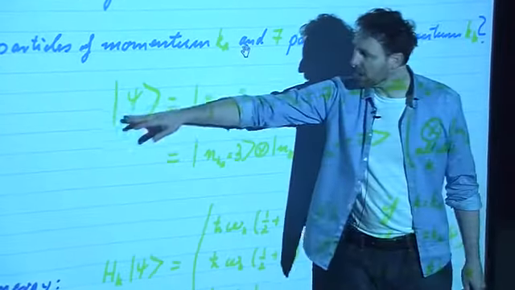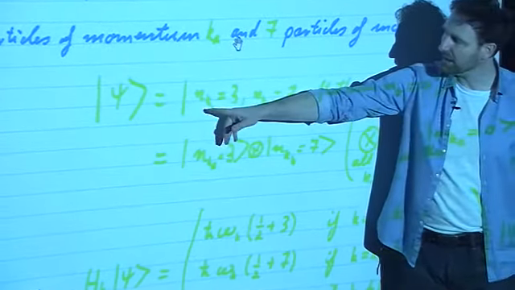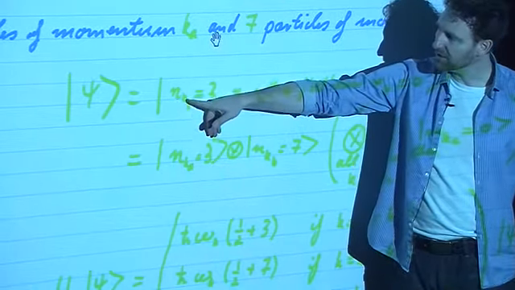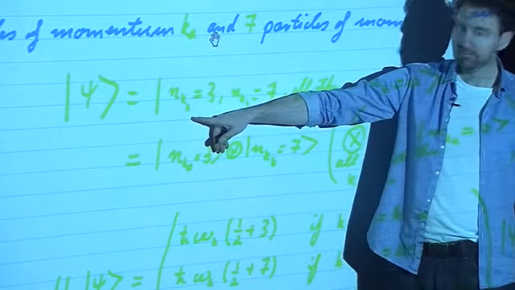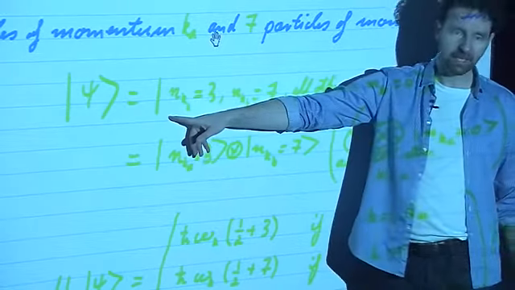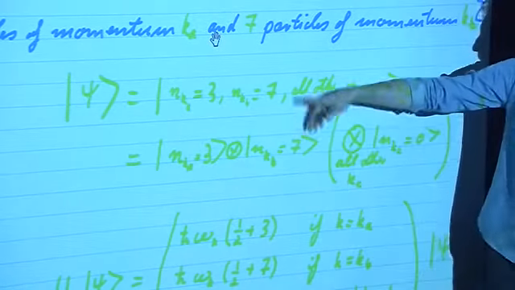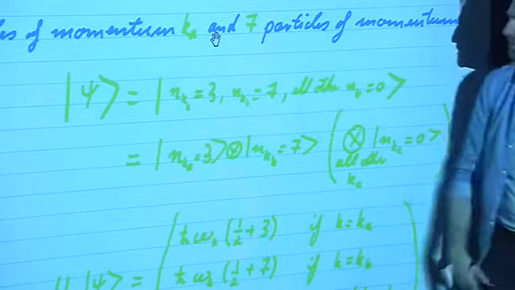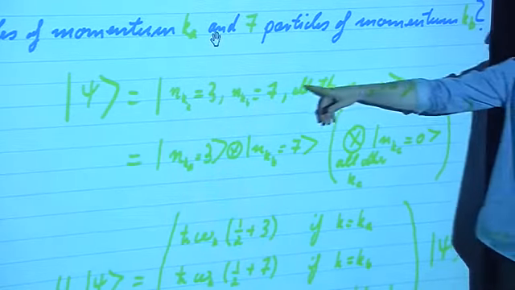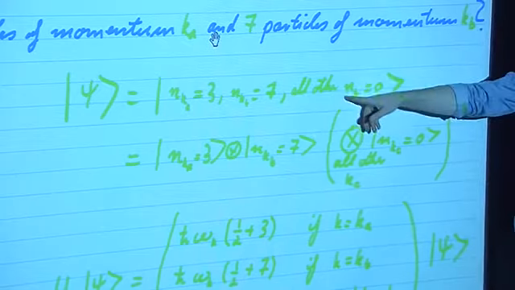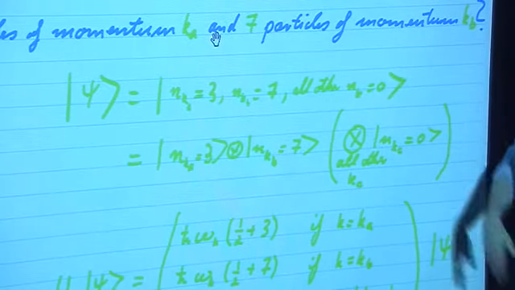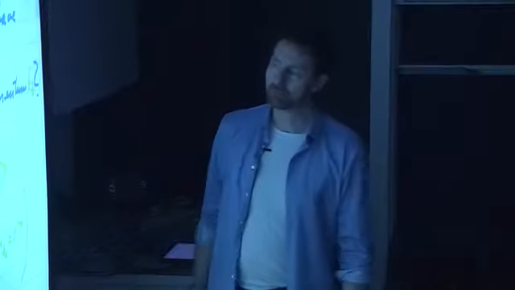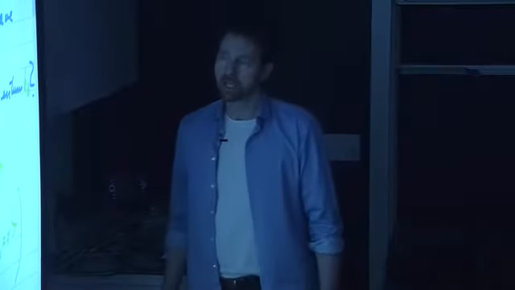So the state psi is supposed to be the state with the mode oscillator Ka being in its 3rd excited state, the mode oscillator of momentum Kb in its 7th excited state, and all other mode oscillators are supposed to be in their ground state, indicated by Nk equals 0, where N is the excitation level of the oscillators.